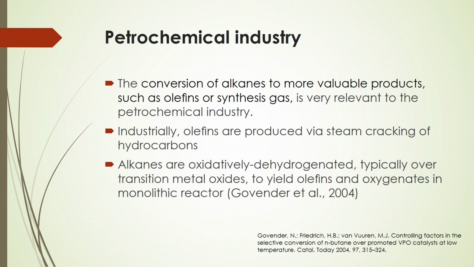And olefins are produced via steam cracking of hydrocarbons, which occurs in the monolithic structure. Also, alkanes are oxidatively dehydrogenated in this monolithic reactor, typically over transition metal oxides, to yield olefins and oxygenates. That is reported by Govender et al., 2004.